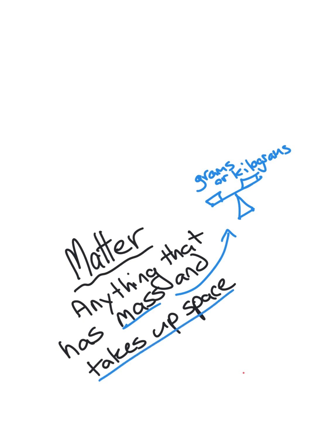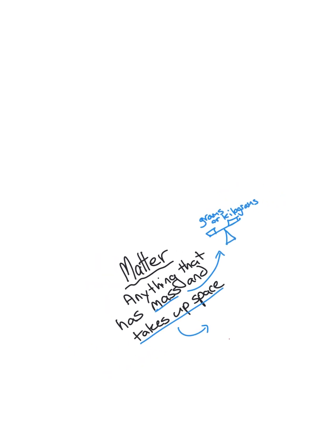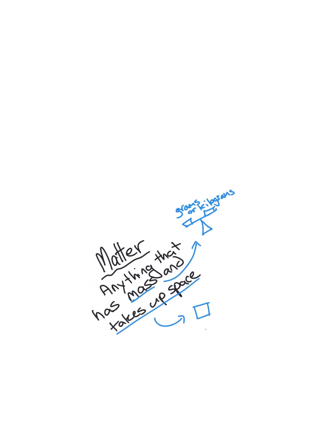So this is how we think about matter. And so there's a square. We're going to go ahead and say that we can measure that volume by multiplying length times width times height. Let me call that volume.